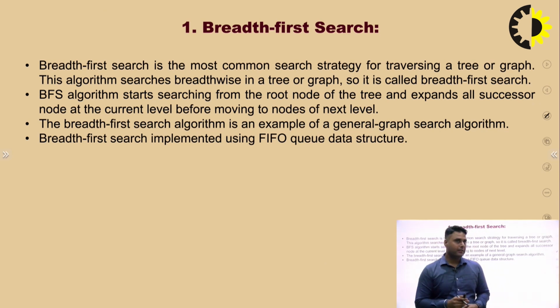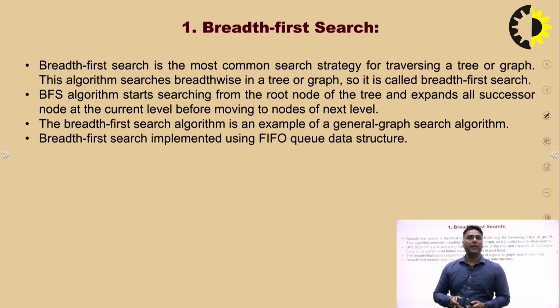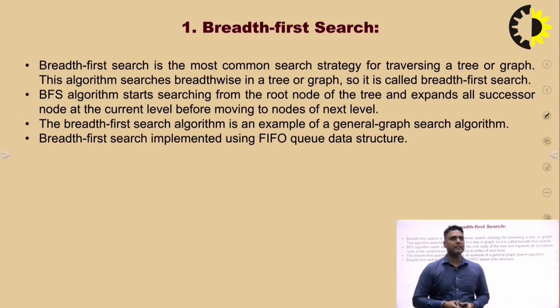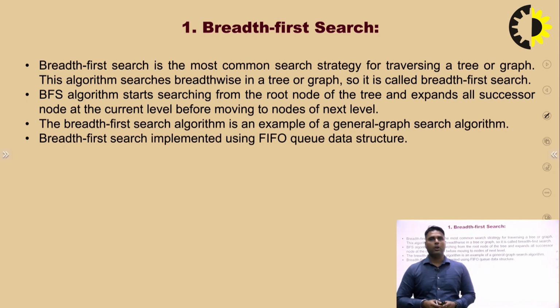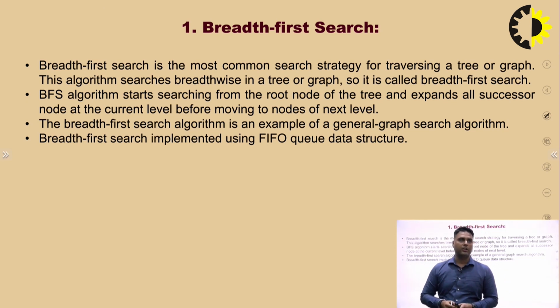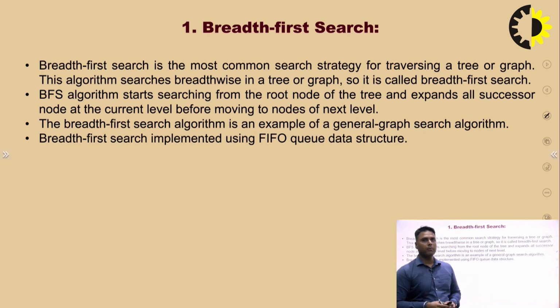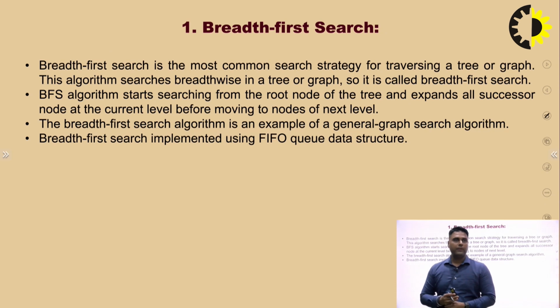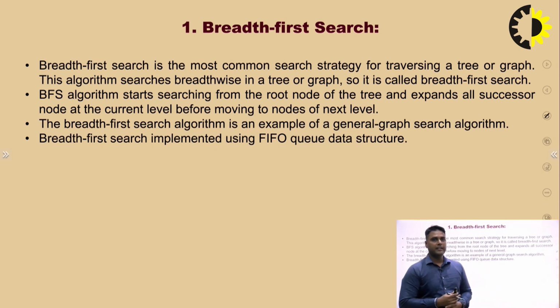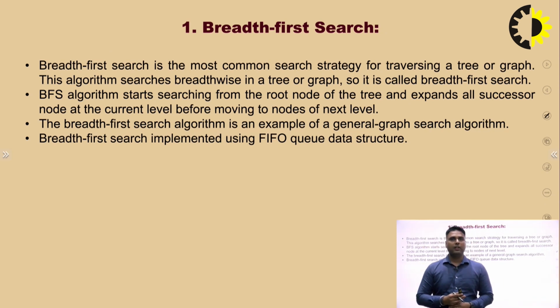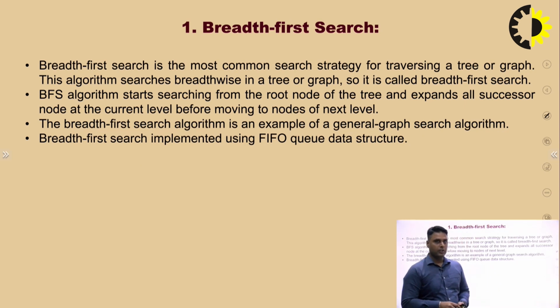The BFS algorithm starts searching from the root node of the tree and expands all successor nodes at the current level before moving to the nodes of the next level. The breadth first search algorithm is an example of a general graph searching algorithm. Breadth first search is implemented using a FIFO queue data structure.